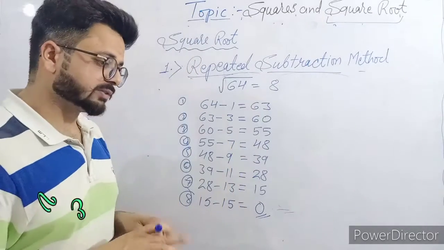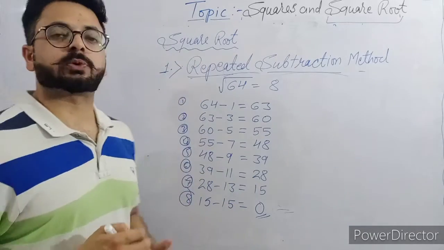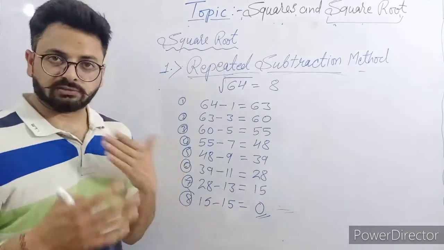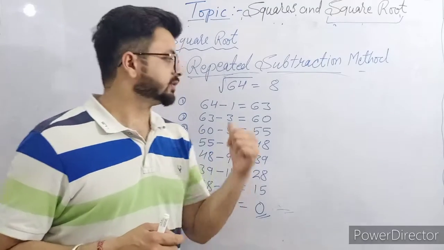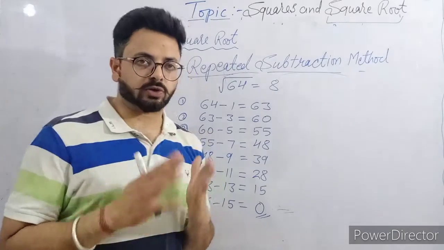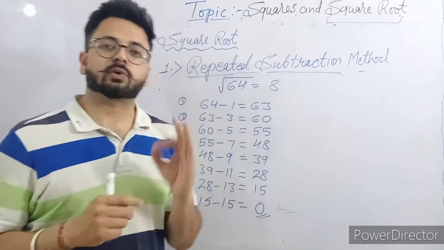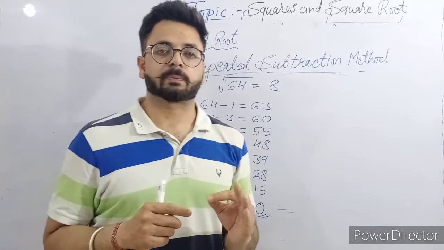But this method is not very useful because of this lengthy process. In general use we do not take this repeated subtraction method. Whenever the question asks to solve by the repeated subtraction method, then only we will use this method.